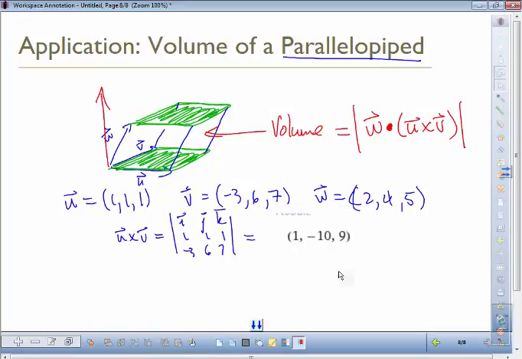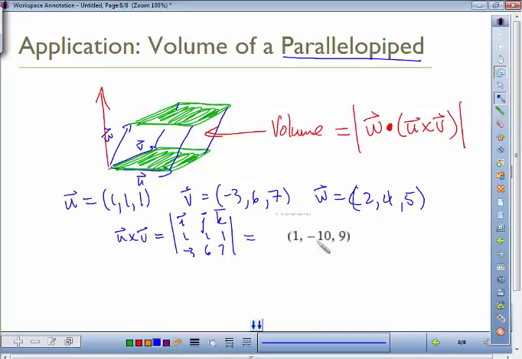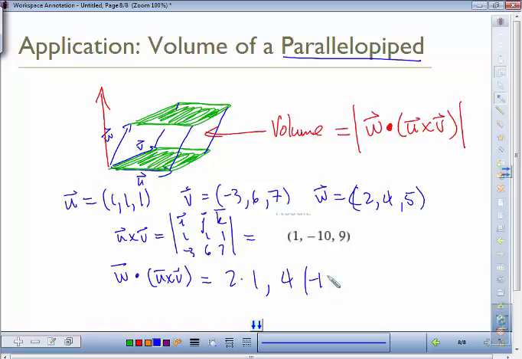All right, so we got the cross product is equal to this. Now we're going to dot it with this. So W dotted with U cross V is equal to 2 times 1, plus 4 times negative 10, plus 5 times 9.